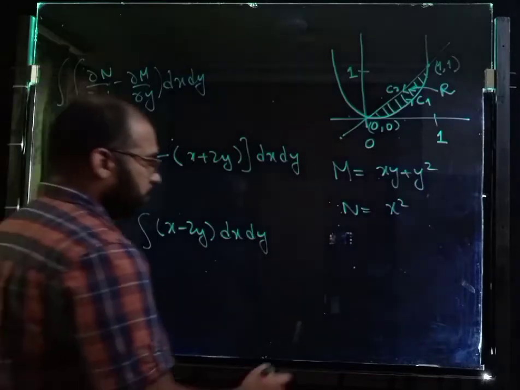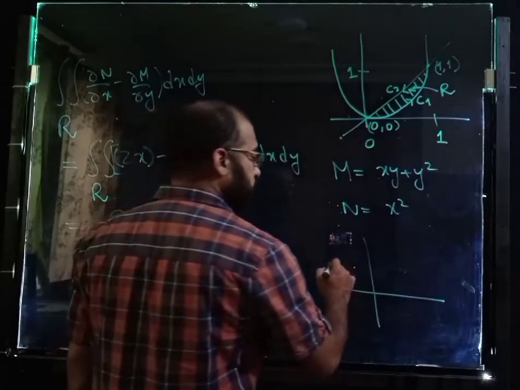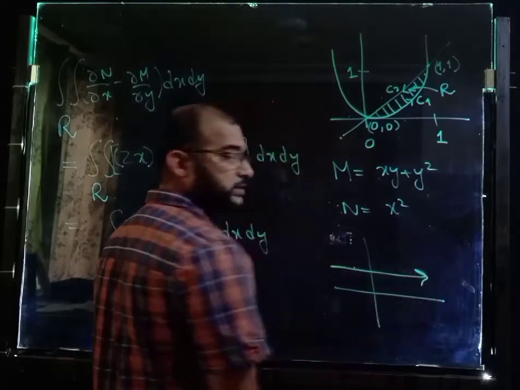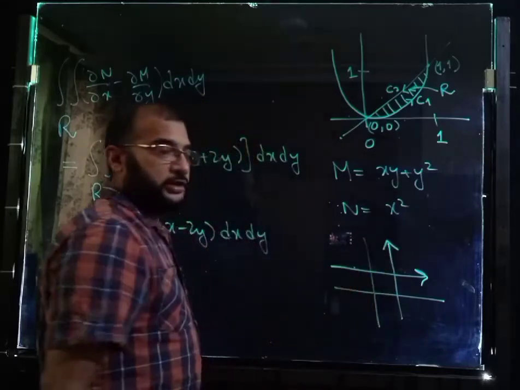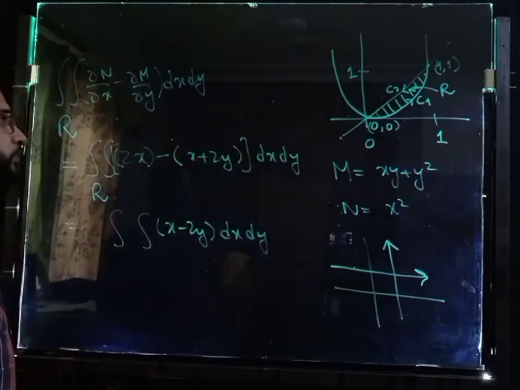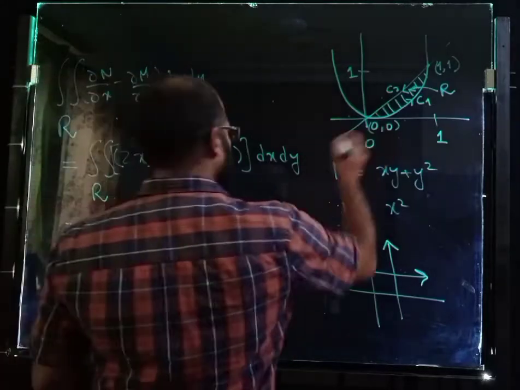Okay, we know that in the xy plane x moves horizontally and y moves vertically. So from C1 to C2 I have this direction.